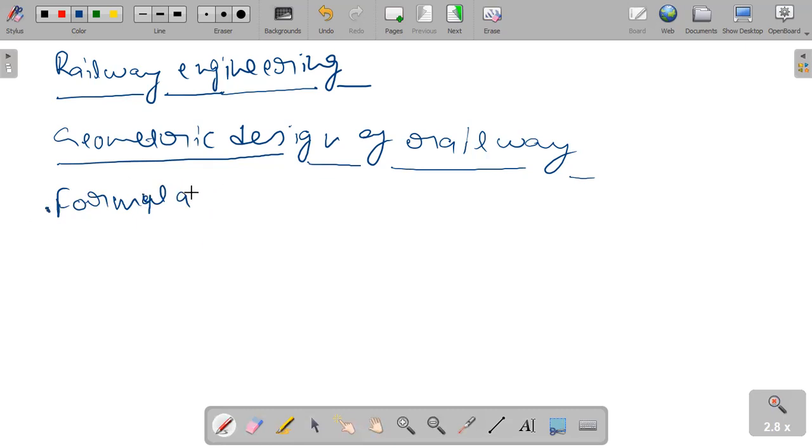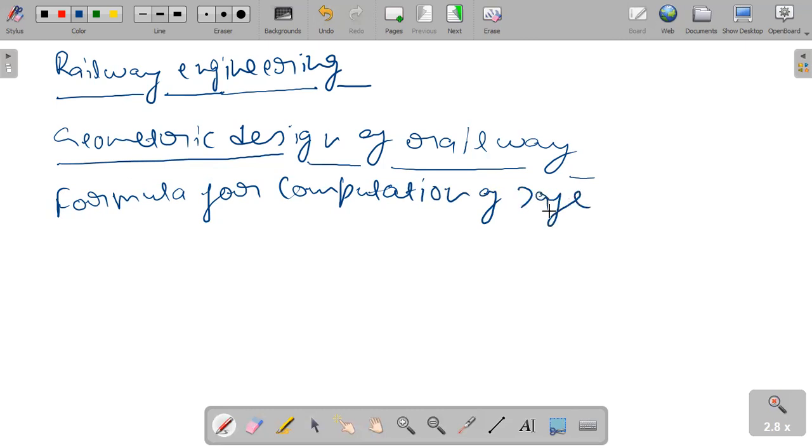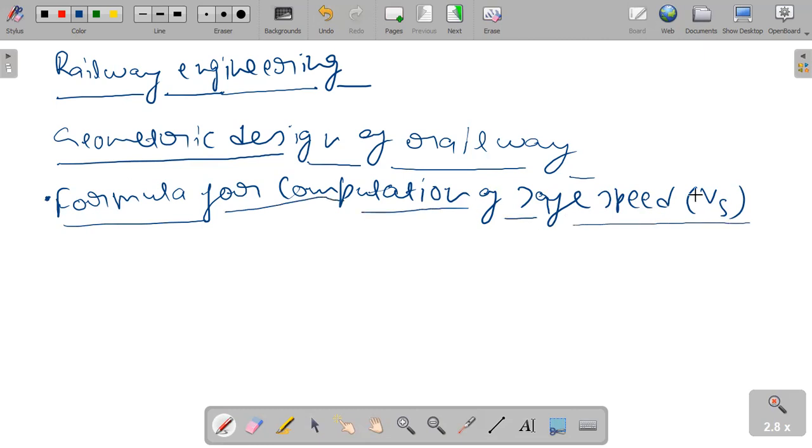Formula for computation of safe speed. Basically we denote it as Vs. For computation of safe speed we have Martin's formula and we have the Railway Board formula.